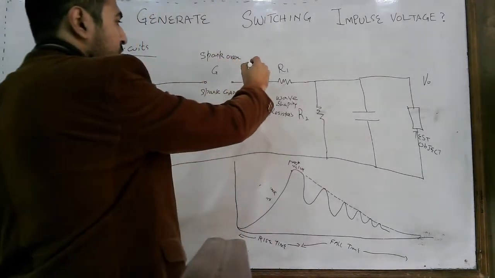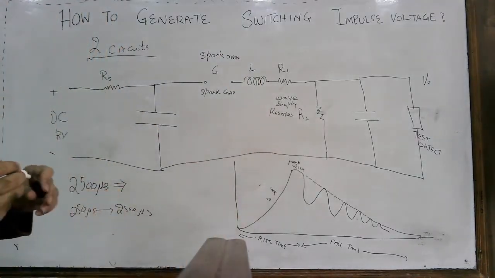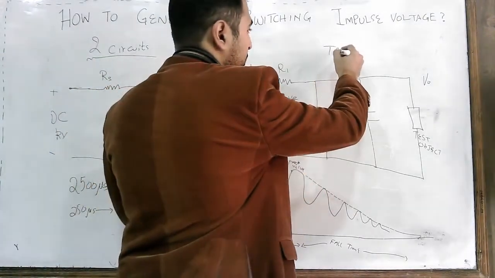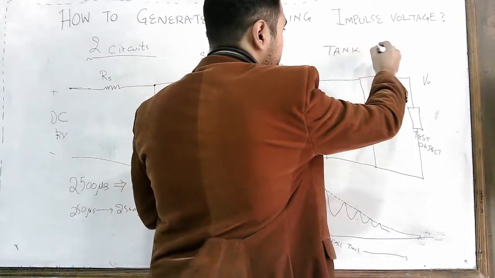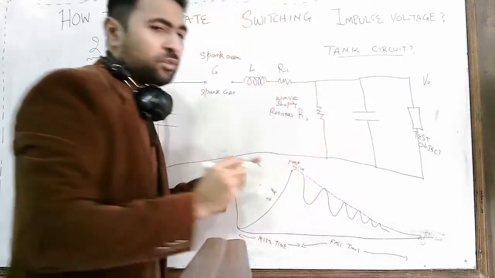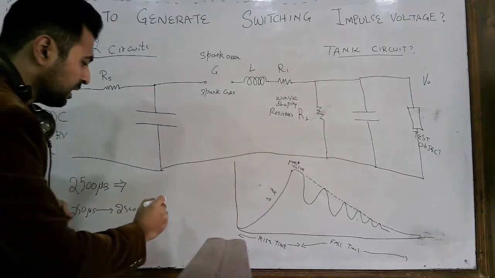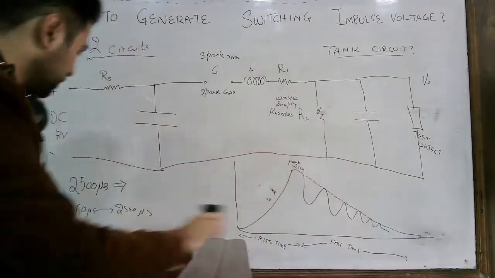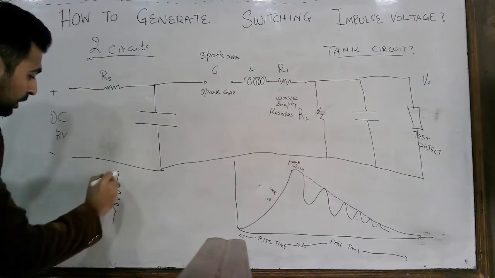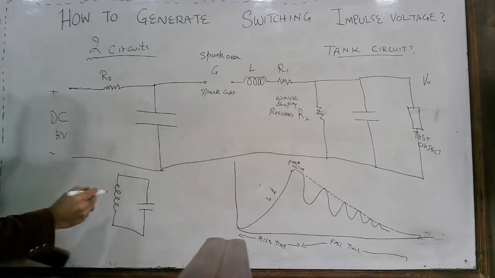Now what is the purpose of this inductor? Again I will explain that here you are actually making the tank circuit. What does it mean? As you are well aware with the parallel LC circuit, if you have an inductor in parallel with the capacitor, and once they are charged, what happens?